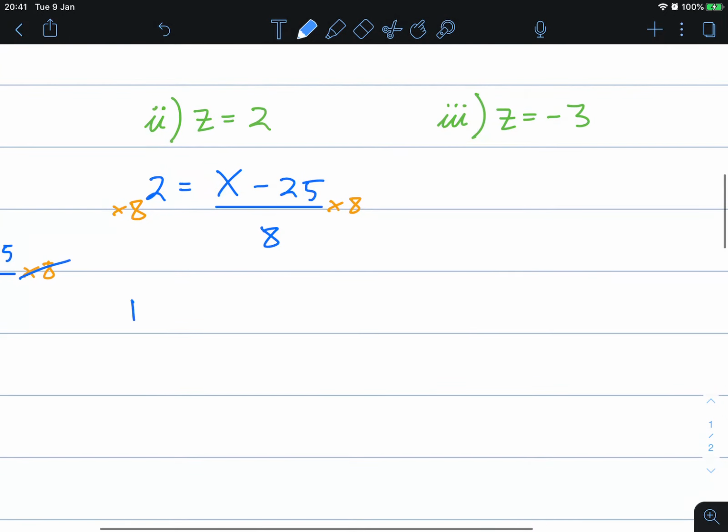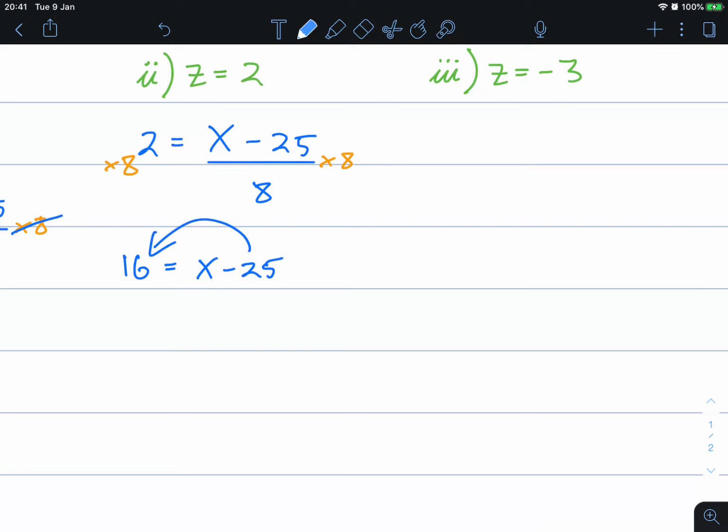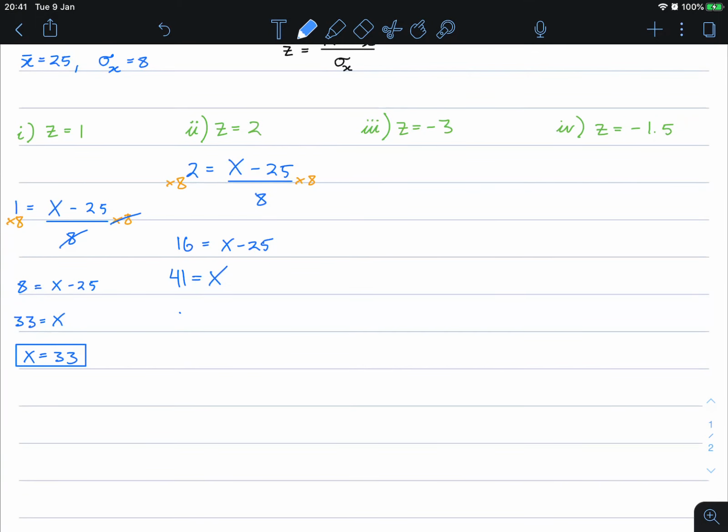This will give us 16 equals capital X minus 25. Adding 25 to both sides, we will get 41 is equal to X, or X is equal to 41.